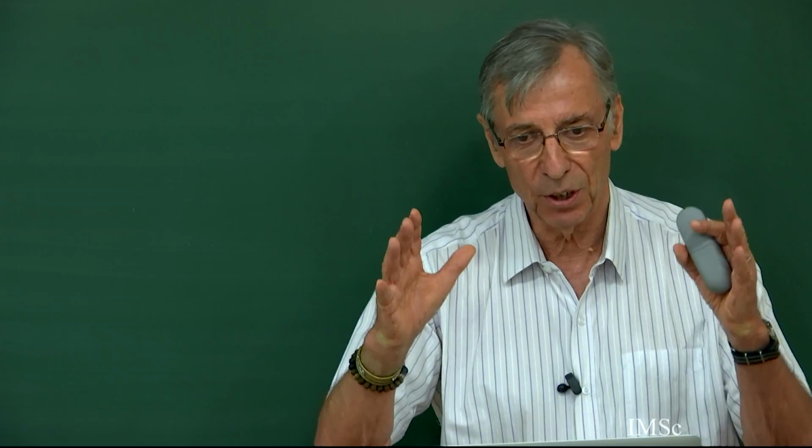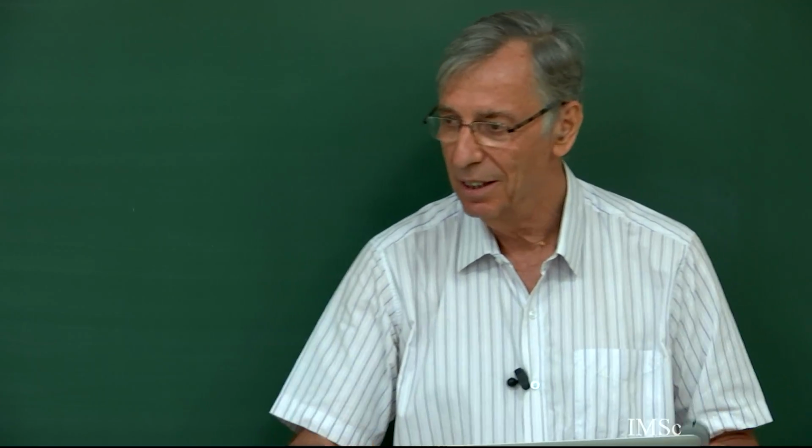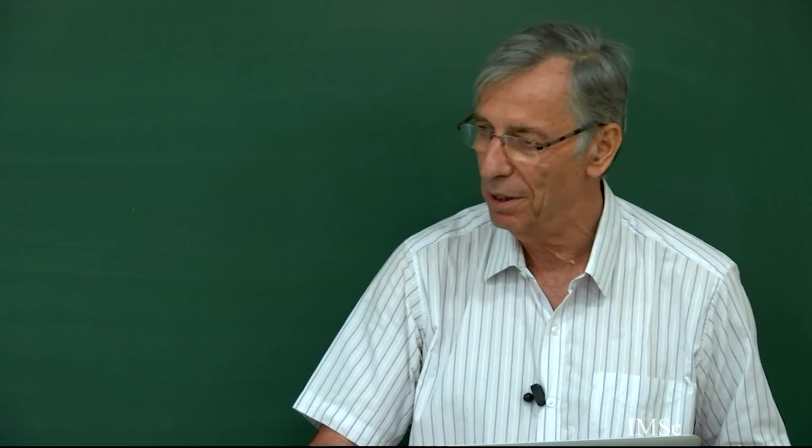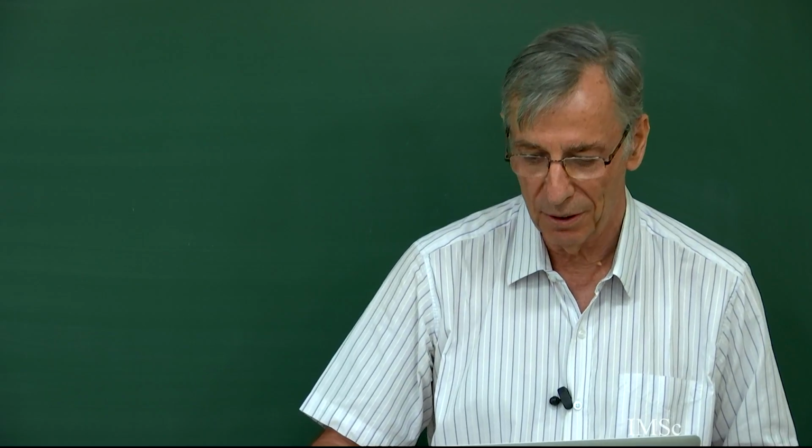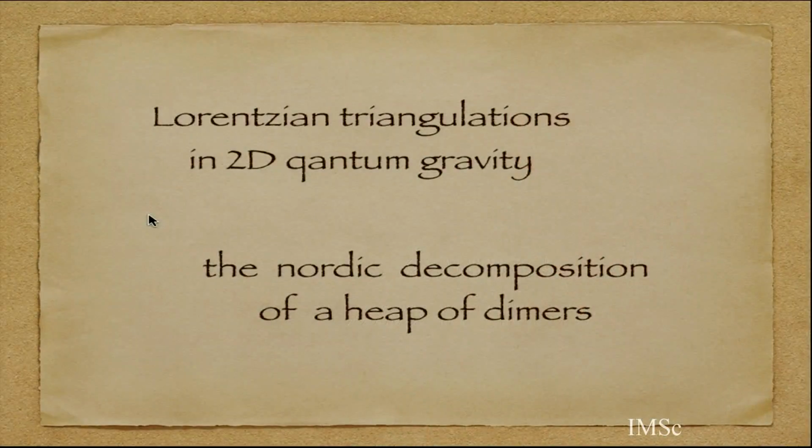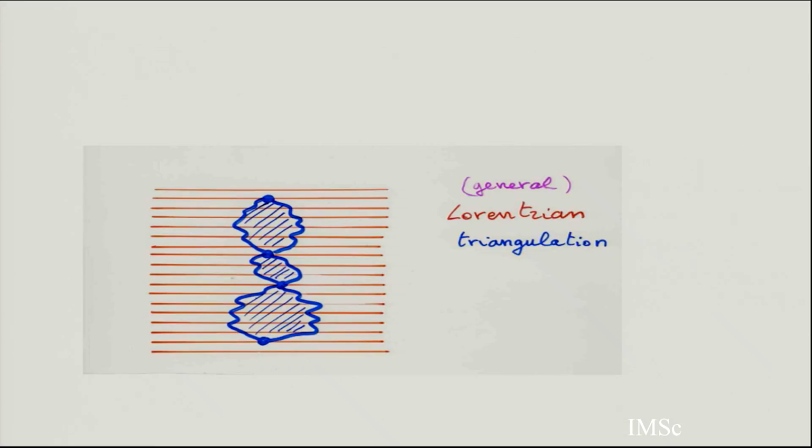So if there is no condition on left and right border, there is still a formula for the total number of such Lorentzian triangulations. If you take a general Lorentzian triangulation like this, you see in general it can be decomposed. You have some articulation points where it's reduced to 1 point on each of the lines.